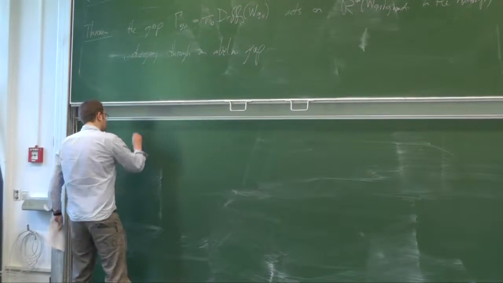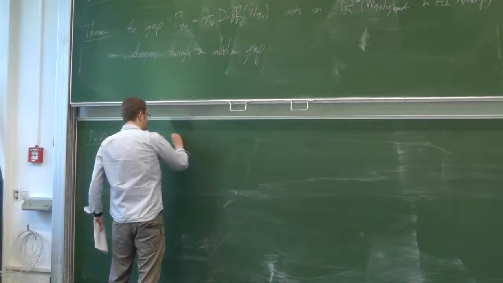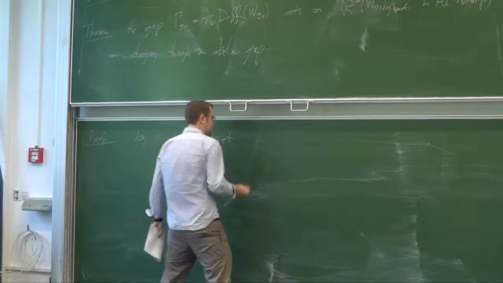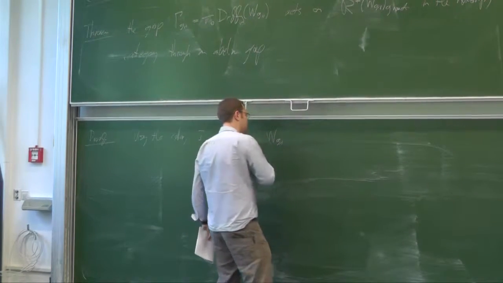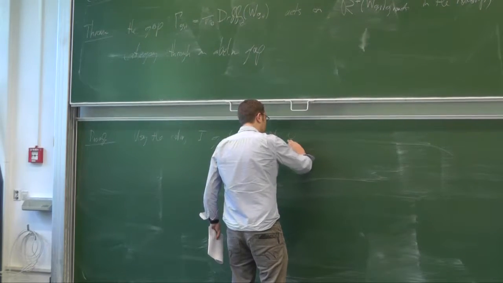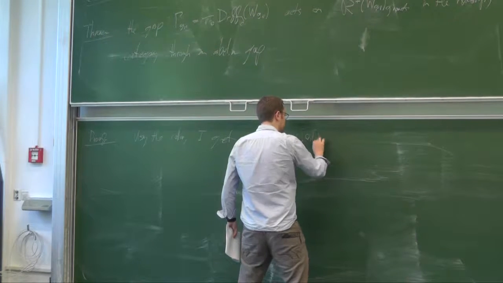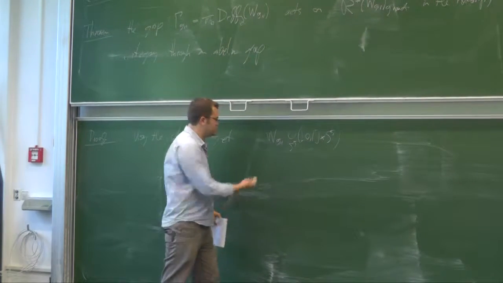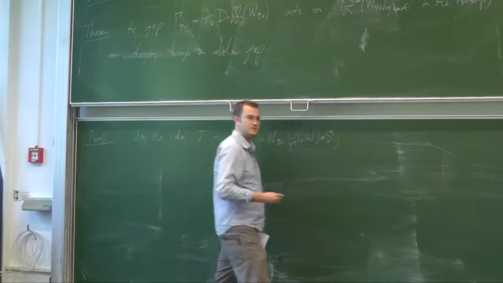First, using the collar, I get diffeomorphisms in the following form. I take WG1, I take the union along the boundary, which is an S5, with, right? And using the fact that this has a collar inside there, I can identify this with WG1 again.